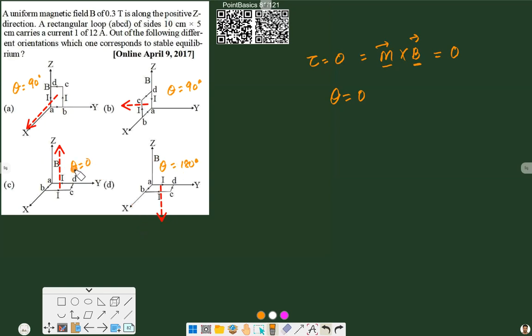So option C corresponds to 0 torque and stable equilibrium. Option D will have 0 torque, but it is in unstable equilibrium. And option A and option B do not belong to any type of equilibrium. Here torque is maximum, in both of these options, A and B. Moving to the next one.